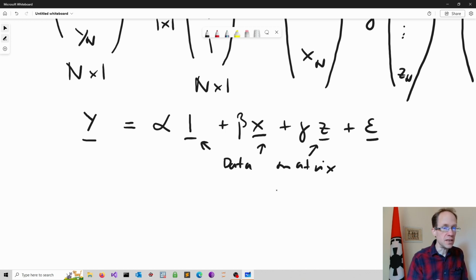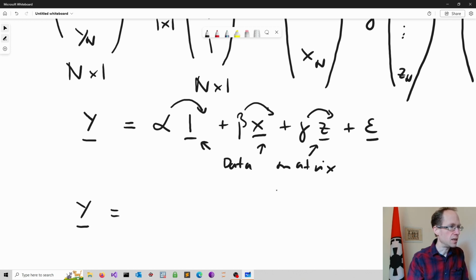And it's convenient to combine these vectors because then we can use matrix calculations to derive, for instance, an OLS estimator. So what we do is we combine them. First we note that because these coefficients are all scalars, we could easily move them to the back without any issue whatsoever. And we could rewrite this as follows.